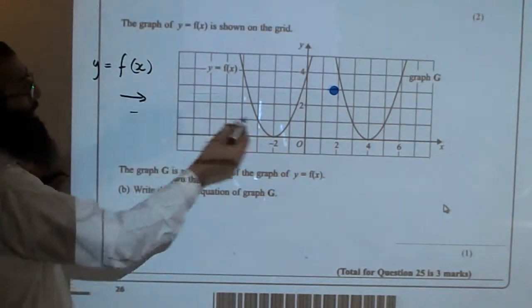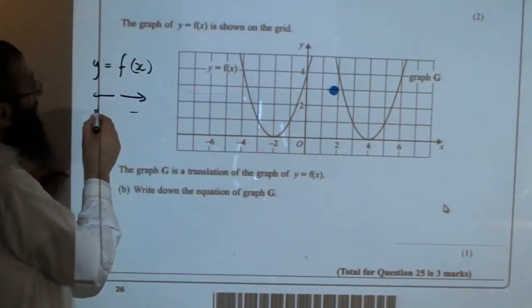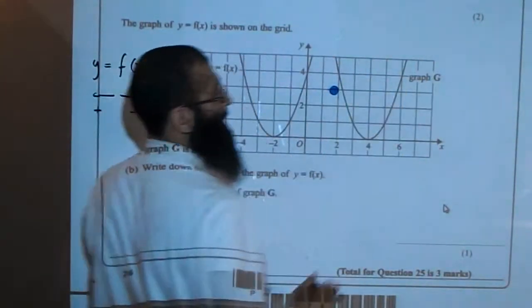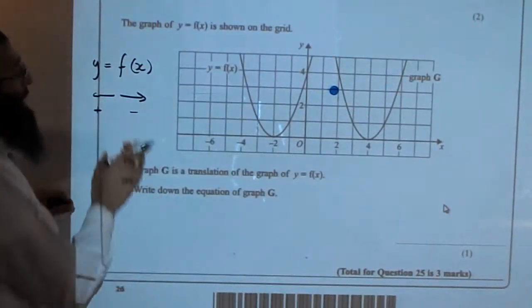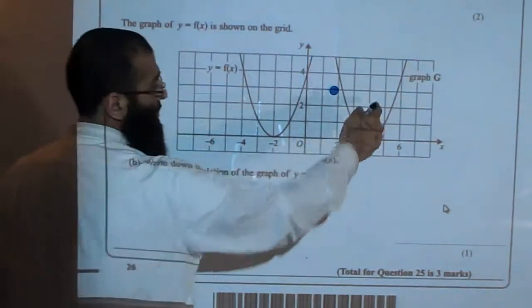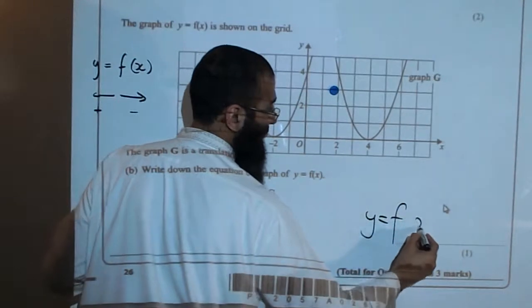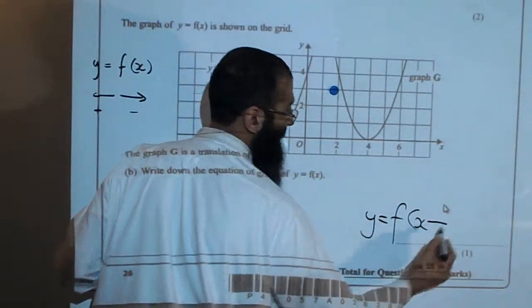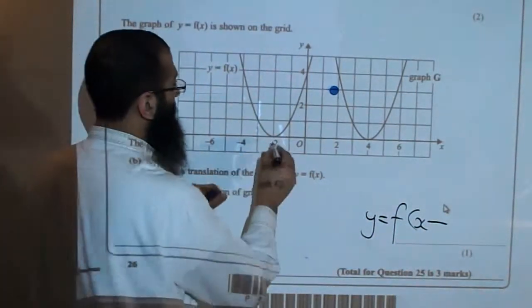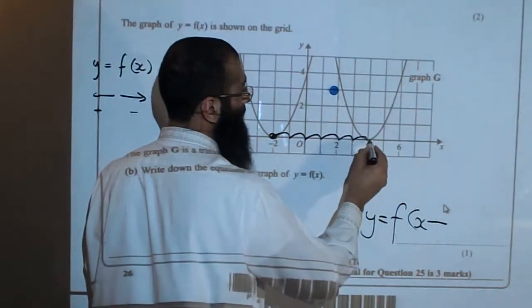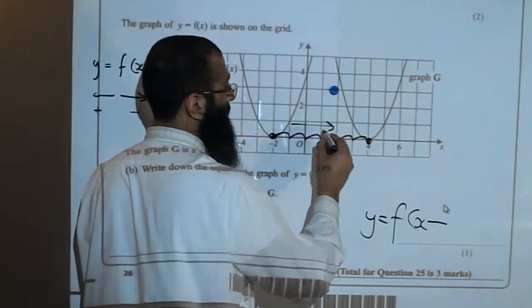If you move the graph to the left, we've got to have a plus number inside it. As you can see, the original graph has moved to the right, so that's going to have a minus. So this function is going to be y is equal to f of x minus, and it's moved 1, 2, 3, 4, 5, 6 places to the right.